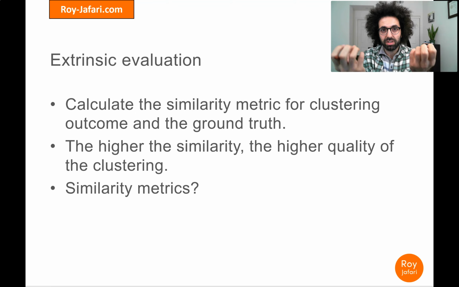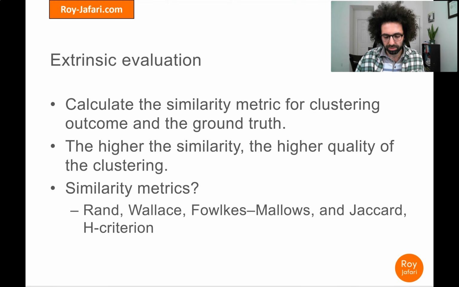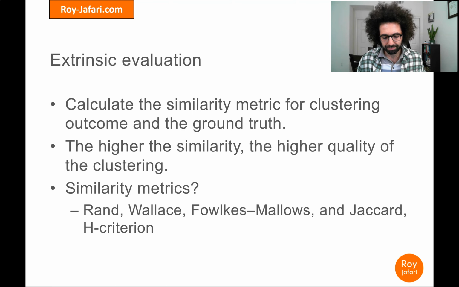You see how similar the clustering that you've done is to the ground truth, and the more similar the better. The similarity metrics that we saw in the video on comparing clusterings could be Rand, Wallace, Fowlkes-Mallows, Jaccard and H-criterion. And of course we talked about the uniqueness and the advantages of these. So you want to choose one of these to compare the ground truth with the clustering you've done.